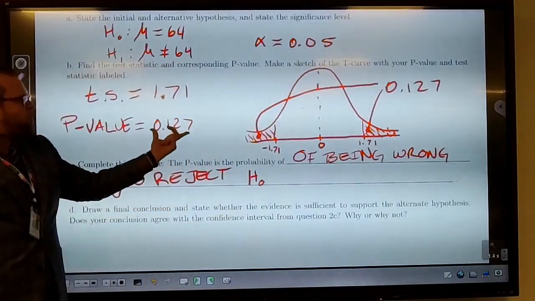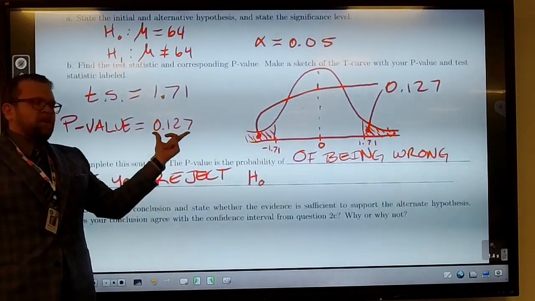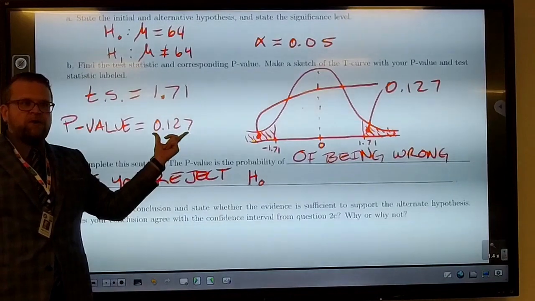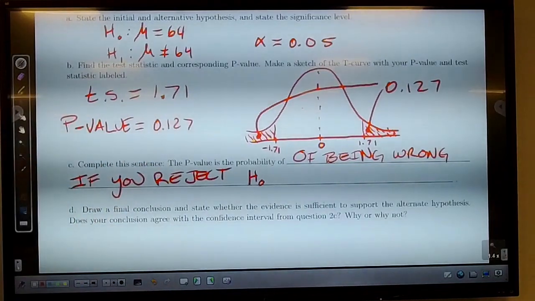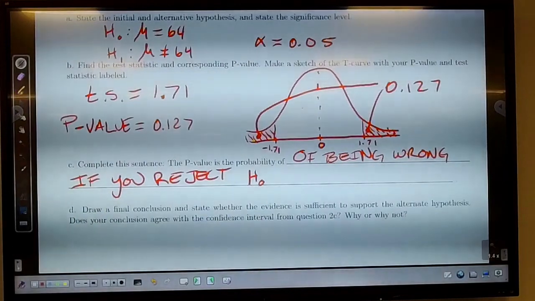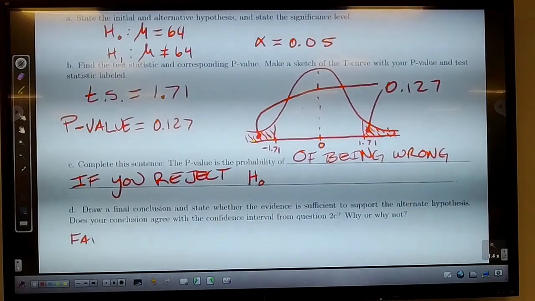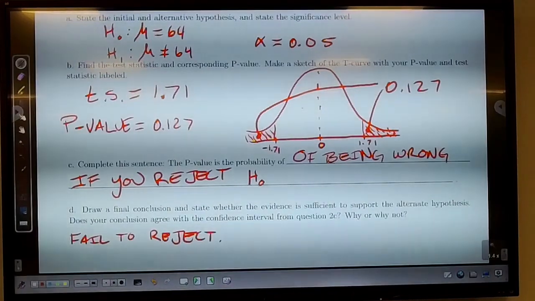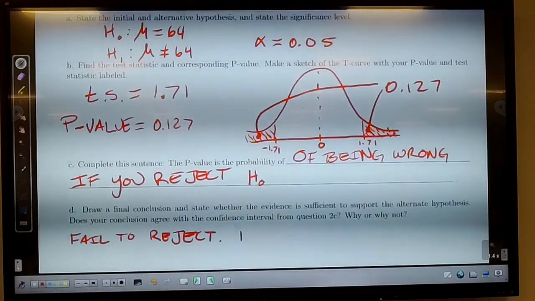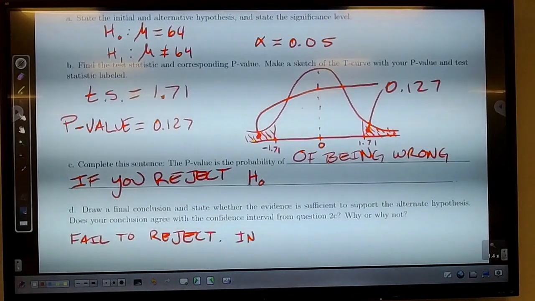This is saying, go ahead and reject if you'd like, but there's a 12.7% chance you'd be wrong. So I say, okay, maybe I should not reject. So I will fail to reject. My conclusion is to fail to reject. There's insufficient evidence to support the alternate.